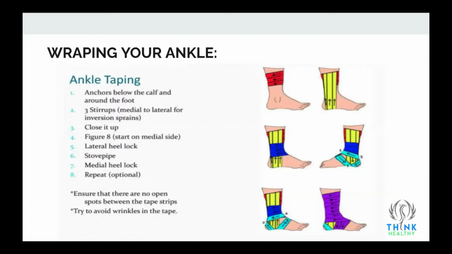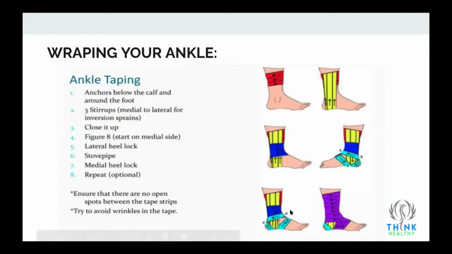After that, you secure the ankle itself, with a close-up of your ankle. Following that, you do a figure 8, starting on the middle part and working your way out as you go along. You can see on this picture, you start down here, go outside, back in, and come back, and you just keep wrapping around the ankle like a figure 8.